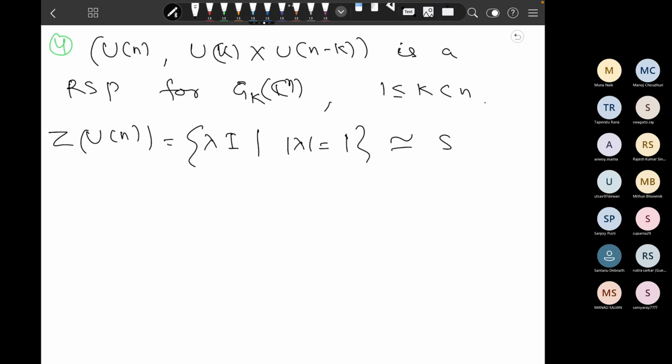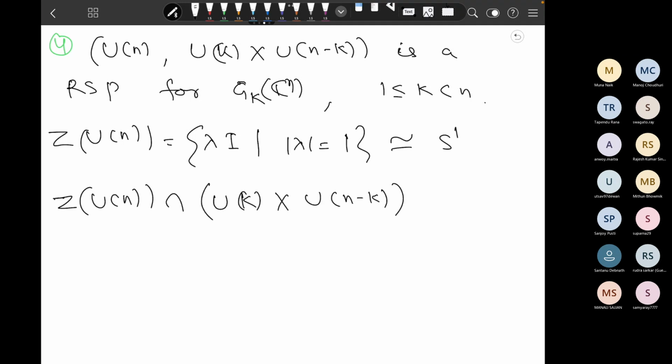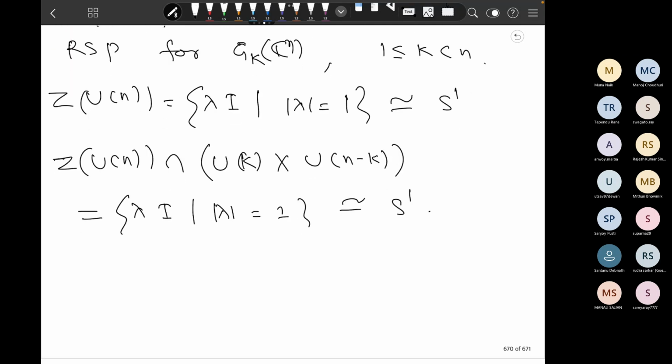This is really isomorphic to S^1. And if you look at this intersection, U(K) × U(N−K), this is really the same thing, λI so that |λ| = 1, isomorphic to S^1, and this is not discrete, right? This is not discrete.